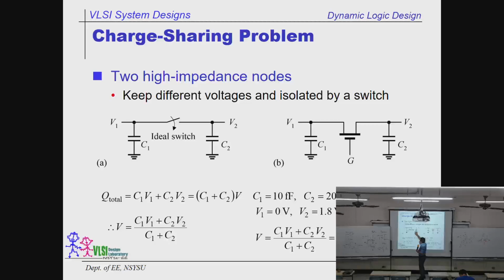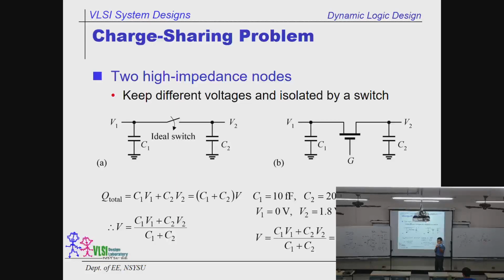Let's assume we have two capacitors, and at the beginning they are respectively charged to V1 and V2 on both sides. So the overall charge, according to basic circuit theory, is C1 times V1 plus C2 times V2.